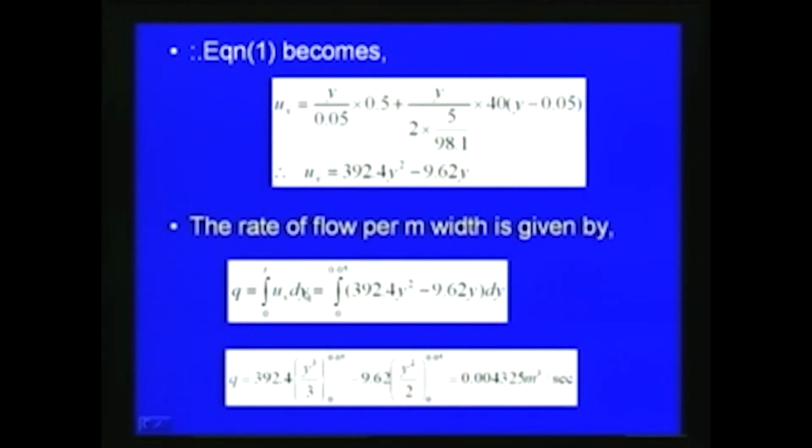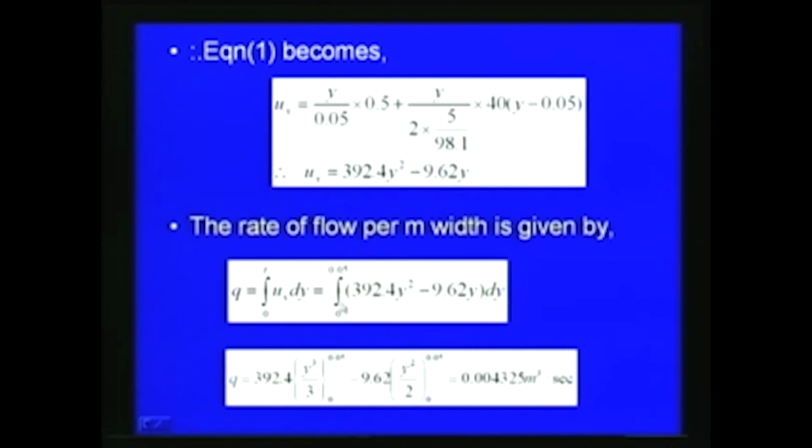Now, once we get an expression for velocity, as we discussed, the discharge, the fluid flow between the plates, and also the shear stress can be calculated. The discharge, the rate of flow per meter width, is given by integrating ux dy from 0 to t, where t is 5 centimeters.